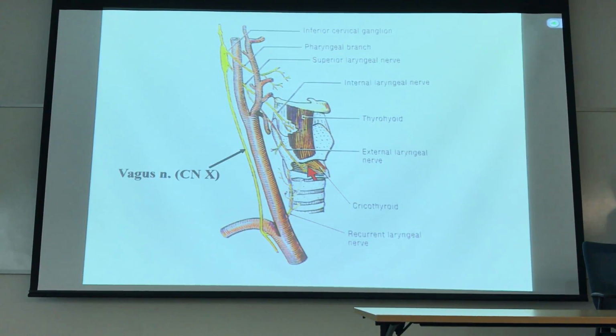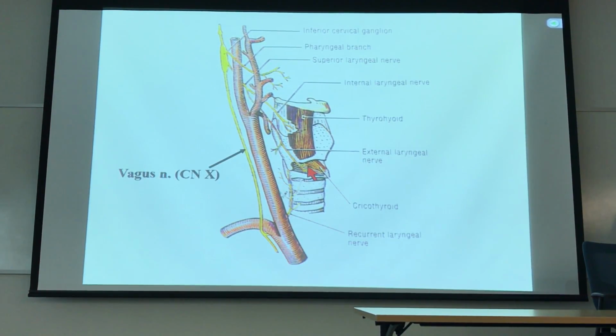Internal doing what? Going through the thyrohyoid membrane along with what? Superior laryngeal artery. I don't think I have to beat that anymore, do I? Everybody should know that now. And then here is the recurrent laryngeal nerve. On one side it loops around the subclavian, the other side it loops around the arch of the aorta. I'll talk more about that when we do root of the neck coming up soon.